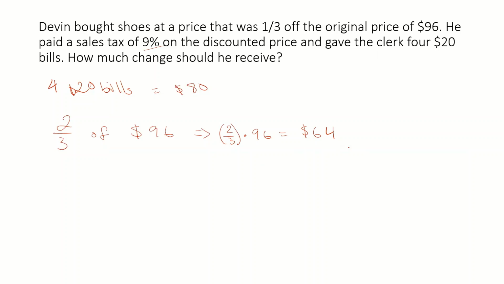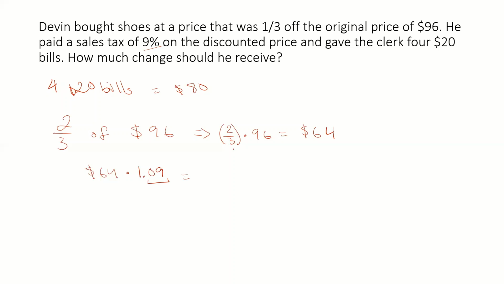The way you add sales tax, so let's say you have the 9% sales tax that we have, is you take the price of the shoes before the tax and you multiply it by 1.09. This is the percent tax that is supposed to be added onto the product. So since we have a 9% sales tax, you multiply 64 by 1.09.